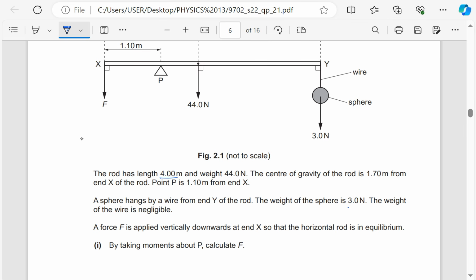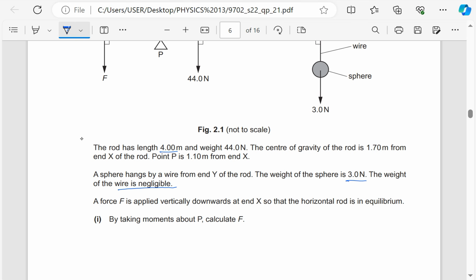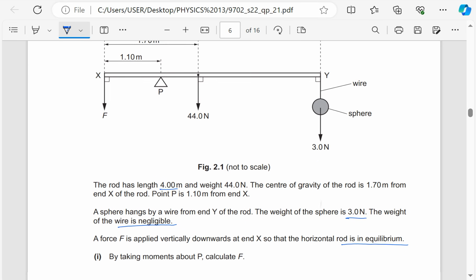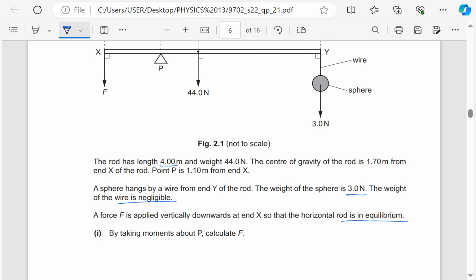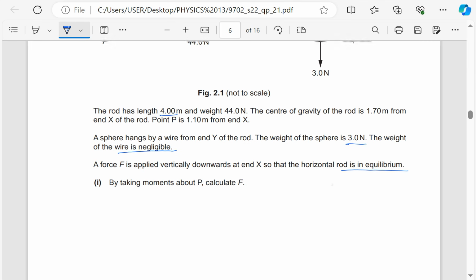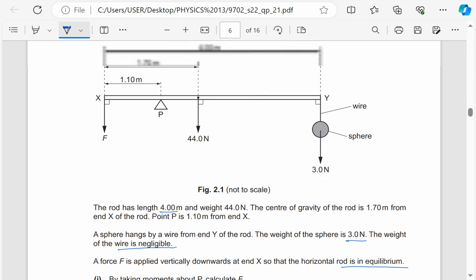The weight of the sphere is 3 newtons. The weight of the wire is negligible. A force F is applied vertically downwards at end X so that the horizontal rod is in equilibrium. By taking moments about P, calculate F.